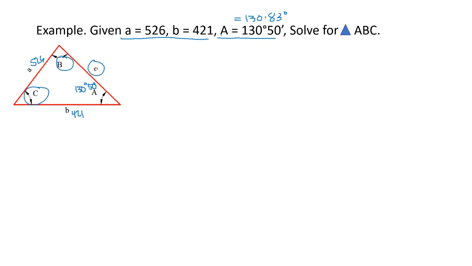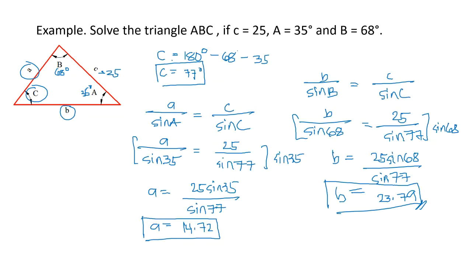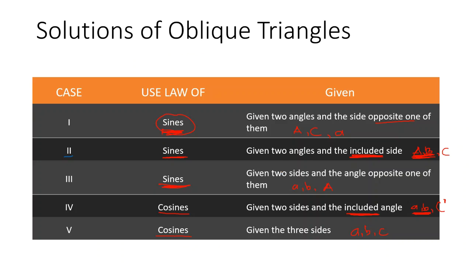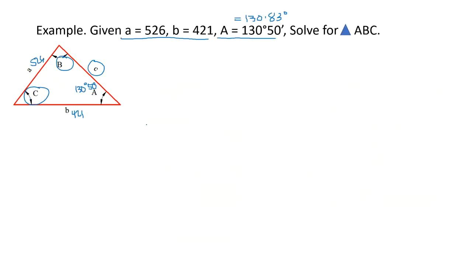So in this case, what case is this? We have given two sides and an angle opposite one of them. That is sine law, so that is under case 3. The same process.